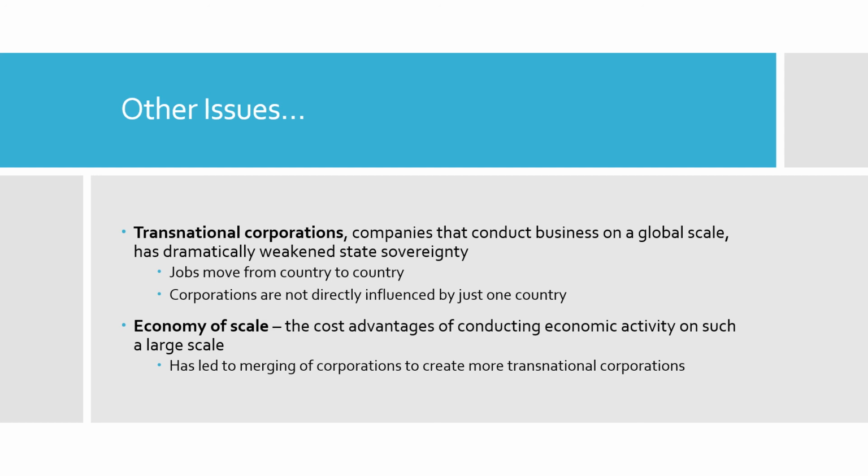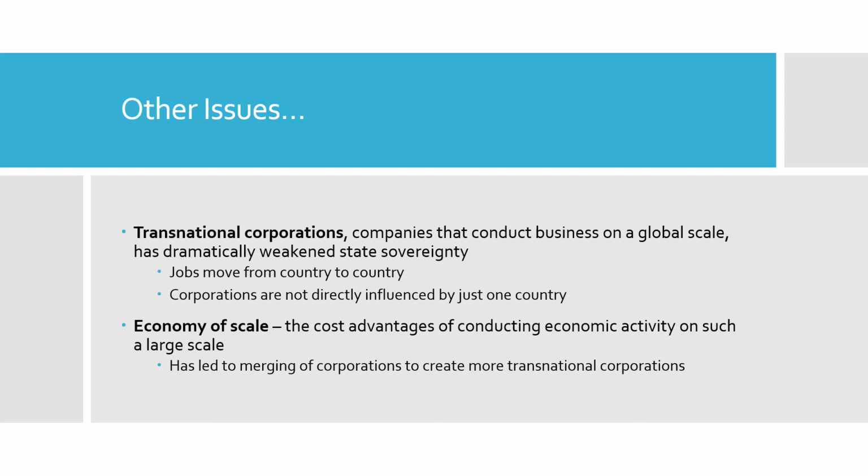The concept of economy of scale is the cost advantages of conducting economic activity on such a large scale. If we look at a corporation, and we did this when we looked at industry, they're saying, okay, we can make a lot more money or keep more profit if we get cheaper labor in another country.